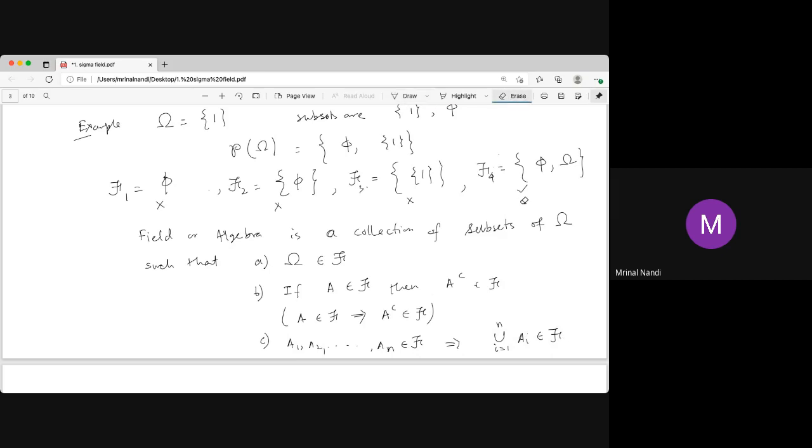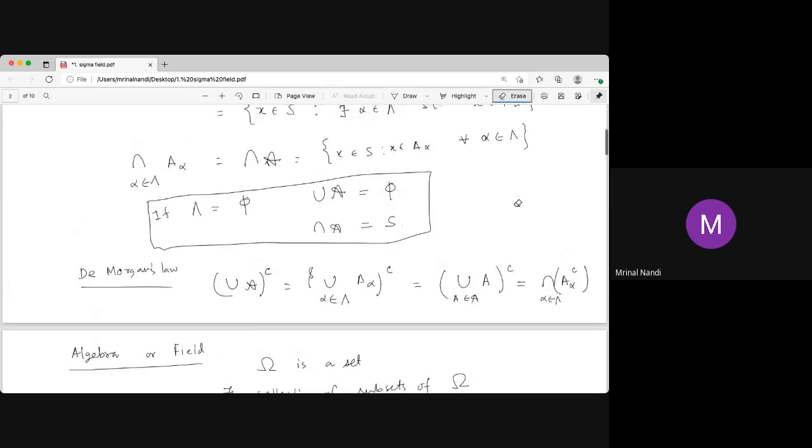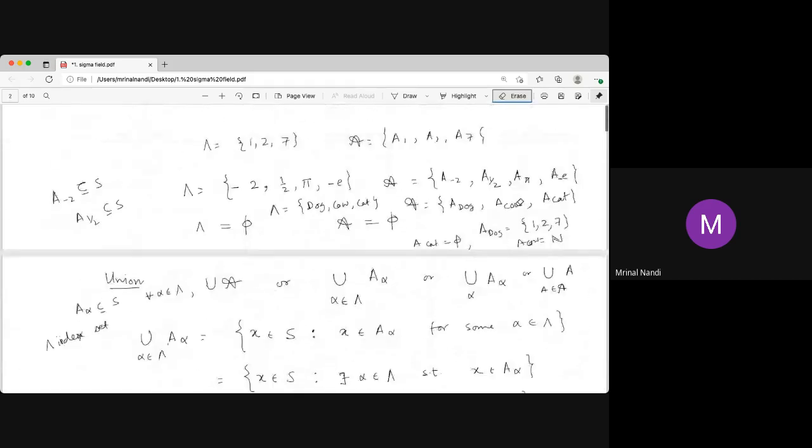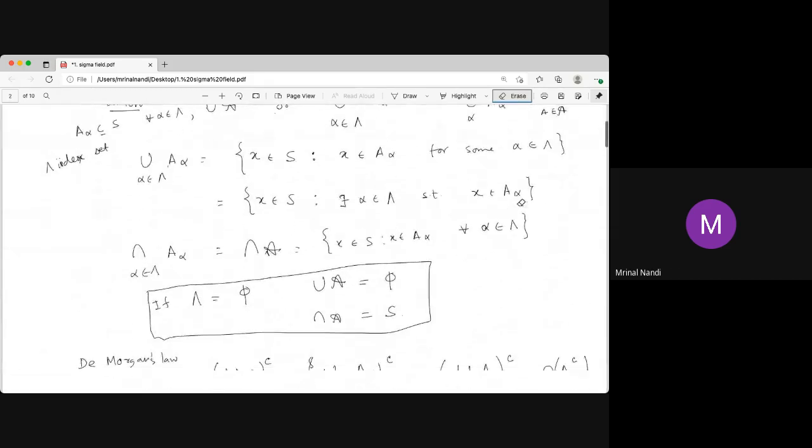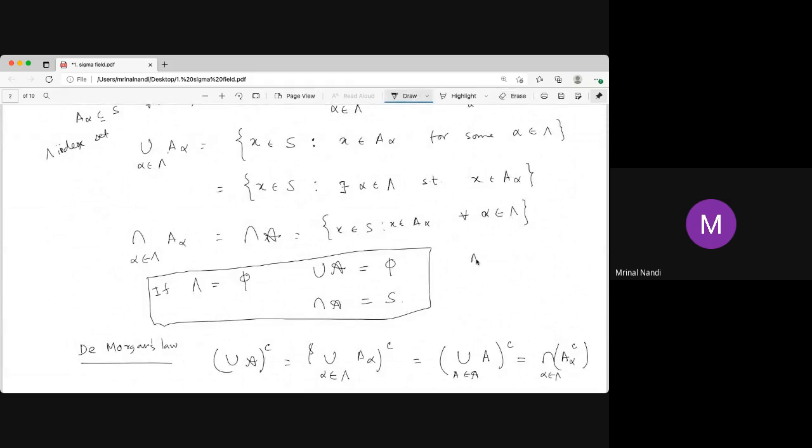Like in this union notation, if your lambda is the set 1, 2, 3 up to n, or 10, 20, or 1 crore, that means the union of A alpha, alpha belonging to this set, is nothing but the union over alpha equal to 1 to n of A alpha, which is actually A1 union A2 union up to An.